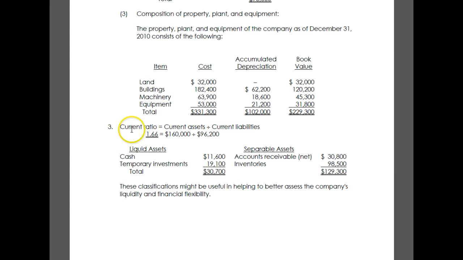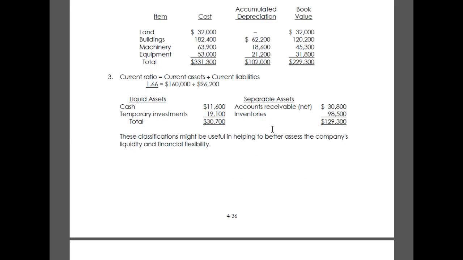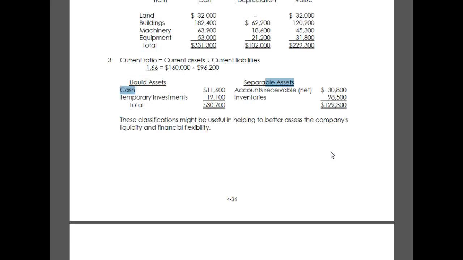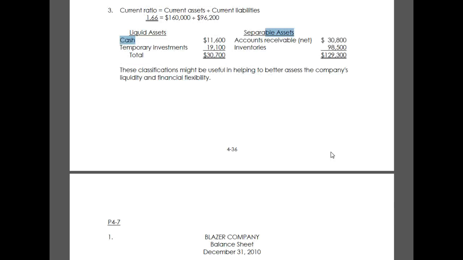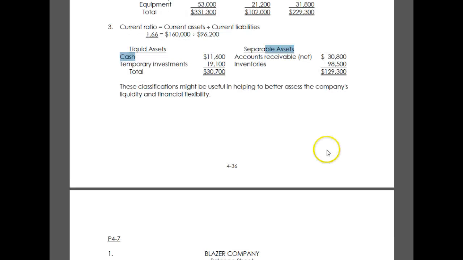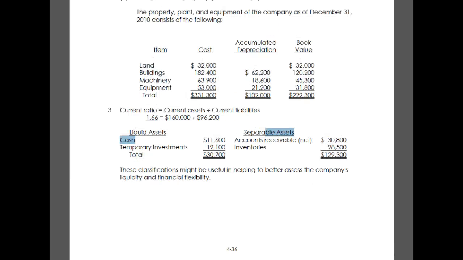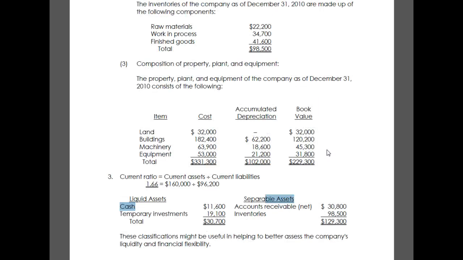After that, there's usually the current ratio, which compares current assets to the liabilities, and literally lays out what we're comparing. Then they give you a little more of a schedule right here, just to help you get a better overview of the liquid assets and the other assets. And for this one, that's all they're going to reveal, or all that's required for this particular balance sheet.